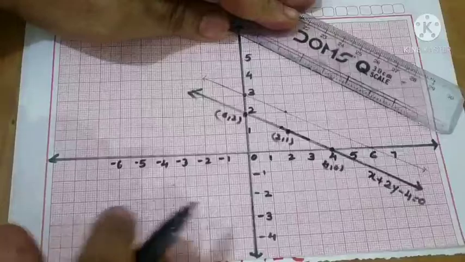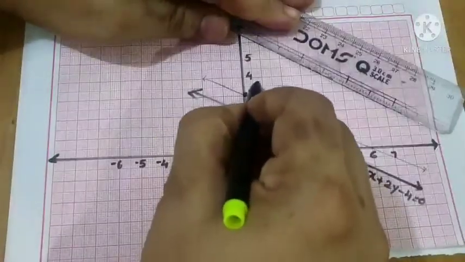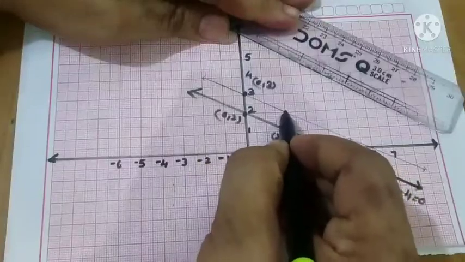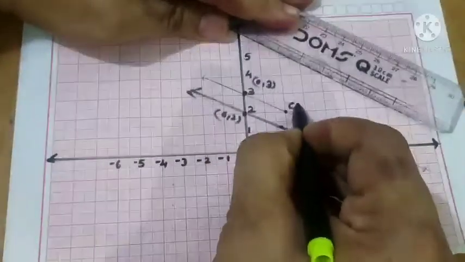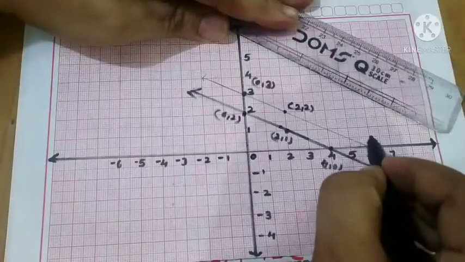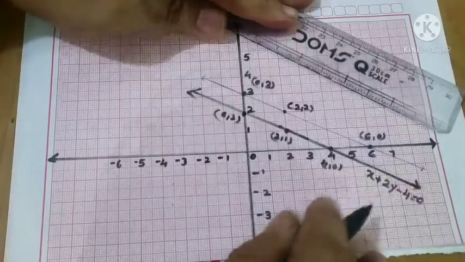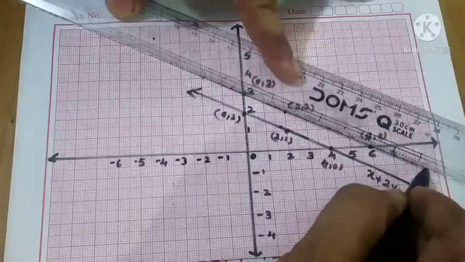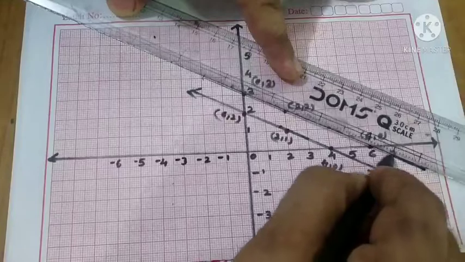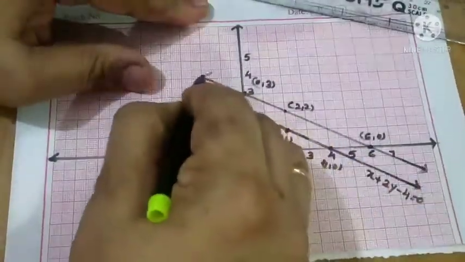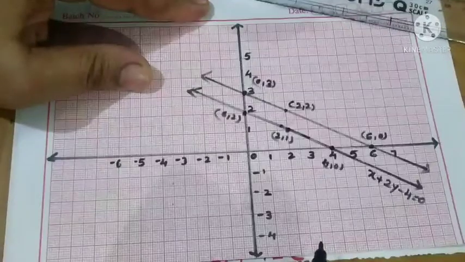Similarly, the other points are 0, 3 here. Next is again 2 comma 2, and the last one is 6 comma 0. Again keep the scale correctly and draw the line. So here also we should write the equation of the line.